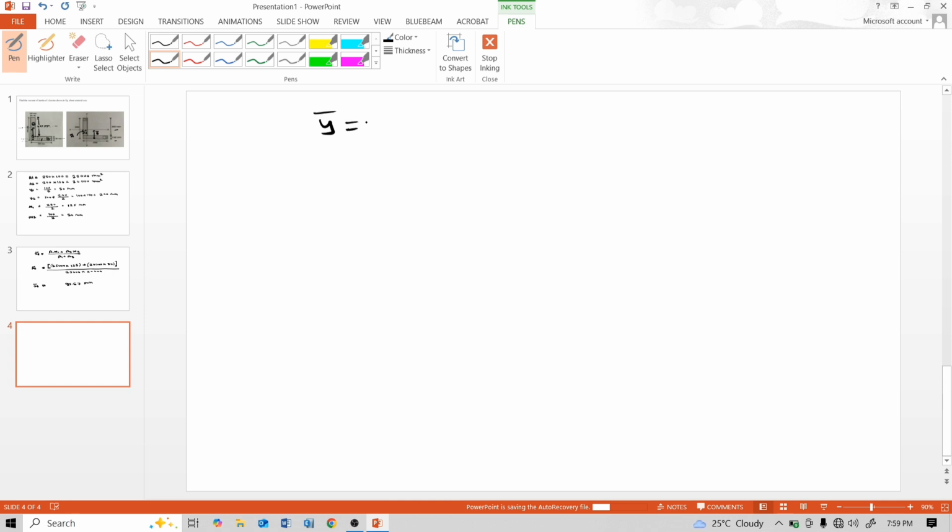Y bar is equal to A1 y1 plus A2 y2 upon A1 plus A2.